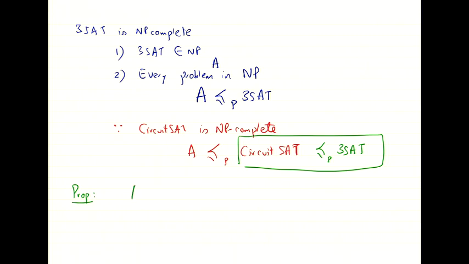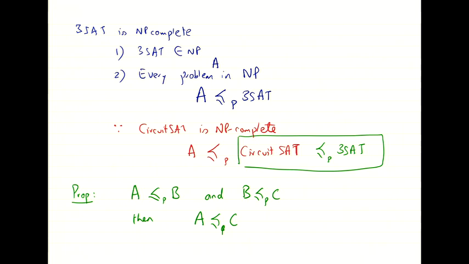But the simple fact is, if you have problem A reduces to B and B reduces to C, then A also reduces to C. So, since every problem reduces to circuit SAT, and now if you show circuit SAT reduces to 3-SAT, you'll get that every problem reduces to 3-SAT, and therefore 3-SAT is NP complete.